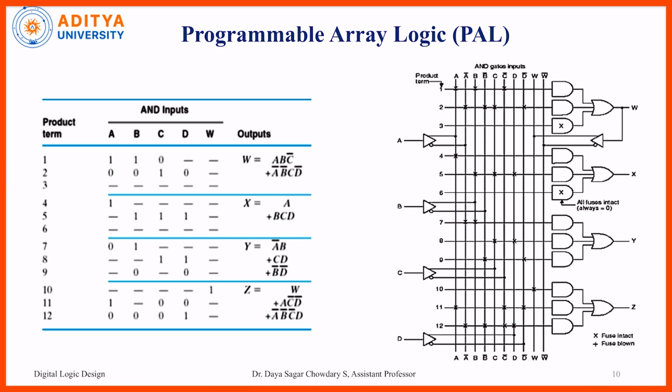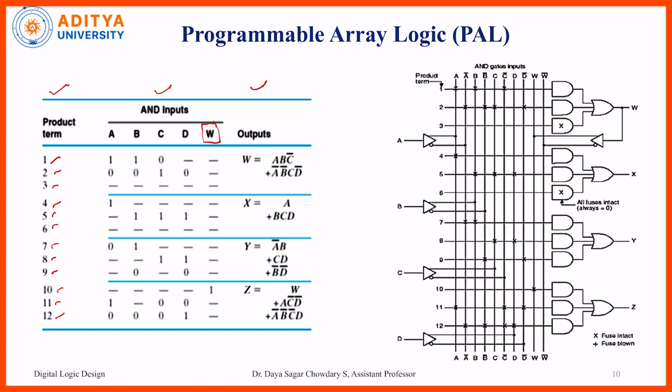So here again we have to construct the table. In the PAL table, the first column contains the product terms, the second the input terms, and the third the output terms. We already discussed this. So W is also one of the inputs now. So 1, 2, 3, 4, 5, 6, 7, 8, 9, 10, 11, 12. Here it is following the order.